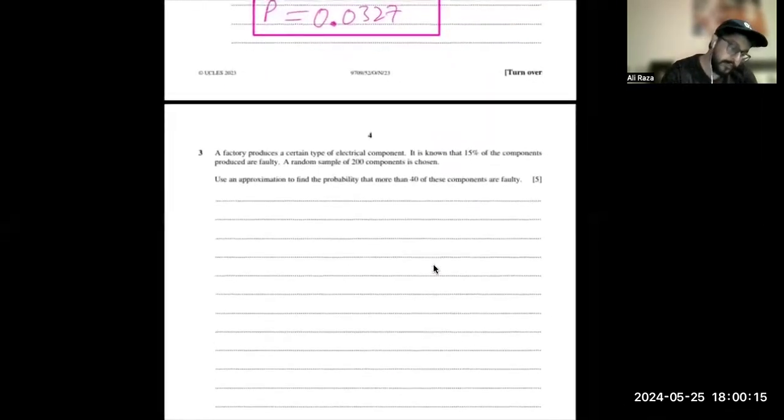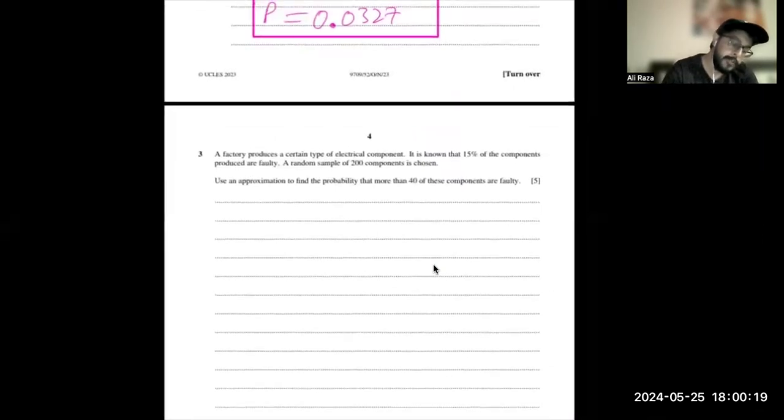In question 3, a factory produces a certain type of electrical component. It is known that 15% are faulty. A random sample of 200 components is chosen. We need to use an approximation to find the probability that more than 40 of these are faulty.